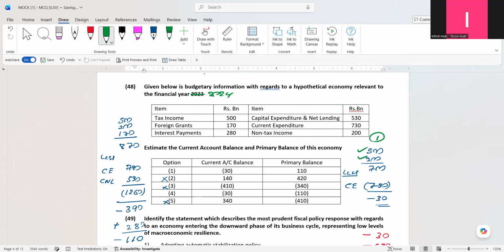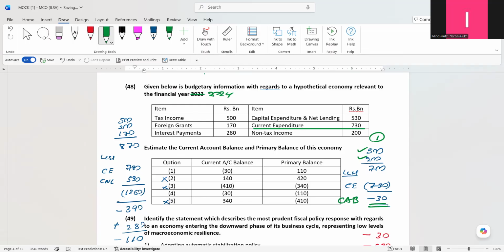From that you minus current expenditure, that's 730. 700 minus 730 is minus 30, the current account balance. So the correct answer can be either 1 or 4. Others are eliminated. It's either 1 or 4.